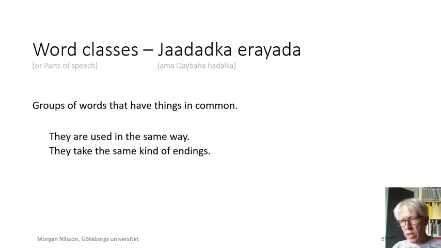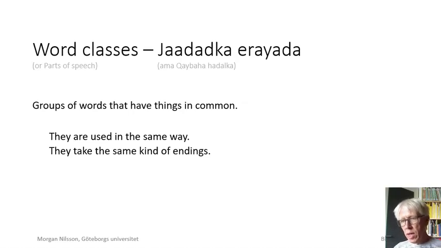And what things can words have in common? Well, the two very important things that they can have in common is the ways that we use them. So how we use words is very important for deciding to which word class the word belongs.